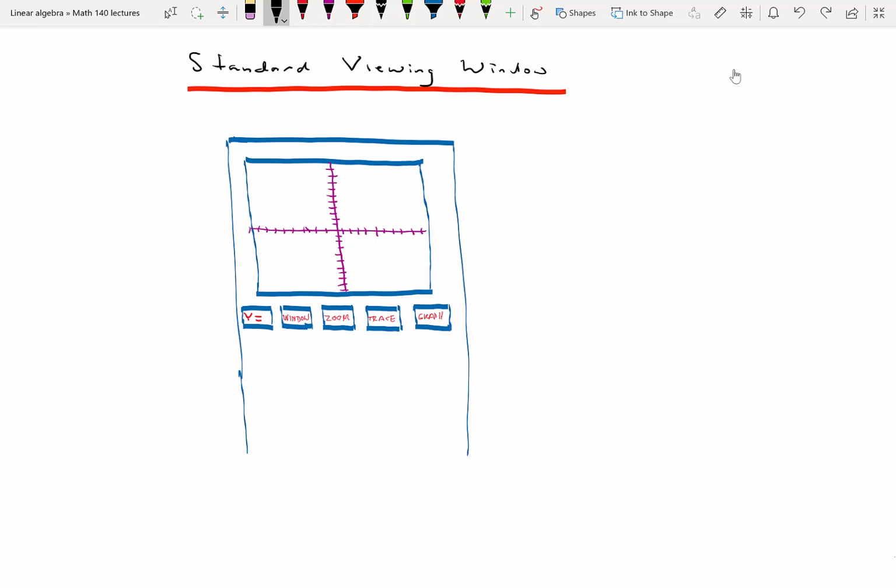If this is the standard viewing window, again, the window that your calculator left the factory in, then this x value at the very left is called x min. This x at the very right hand side is x max.